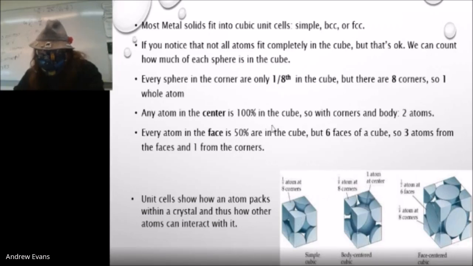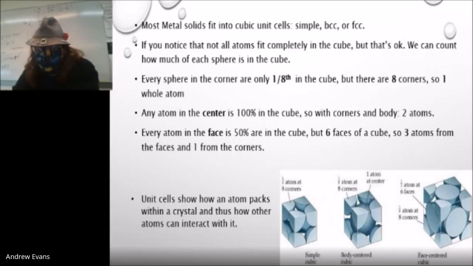Now, in a body-centered cubic, looking at this guy right here, you still have the simple cubics, you still have the 8 corners, but now you have one atom crammed right in that body. This time we know where it is because it's touching all the other atoms. So we don't have to worry so much about where the corners are. We just know the center of this atom is right in the dead center of that cube.